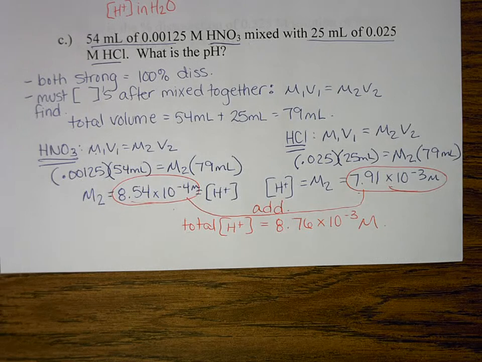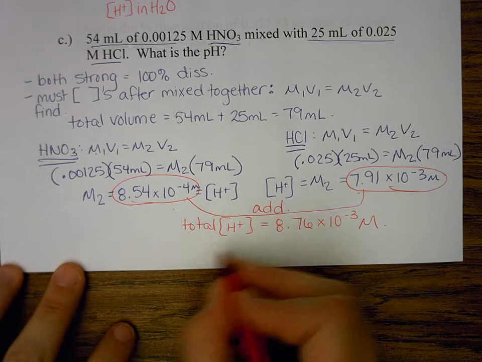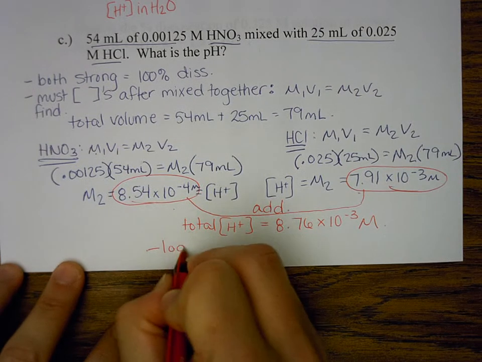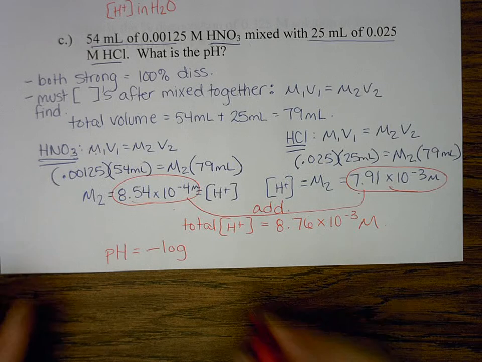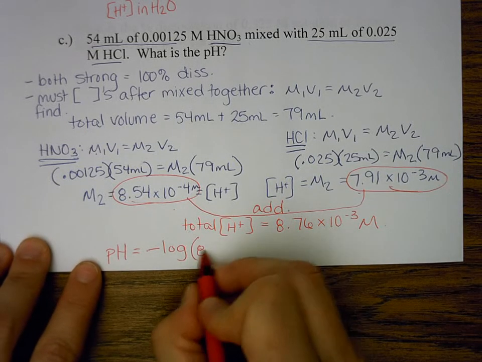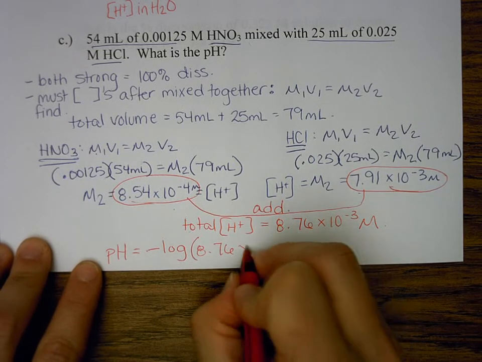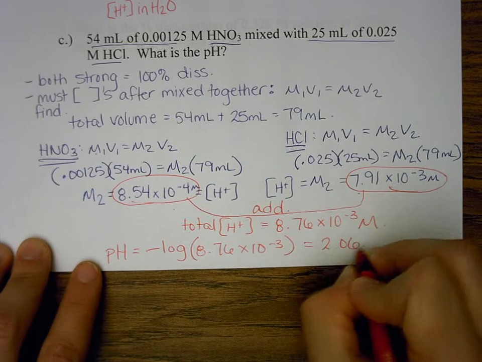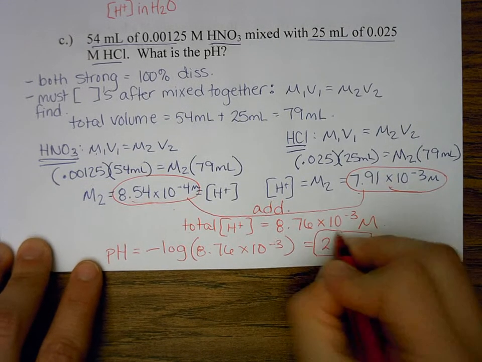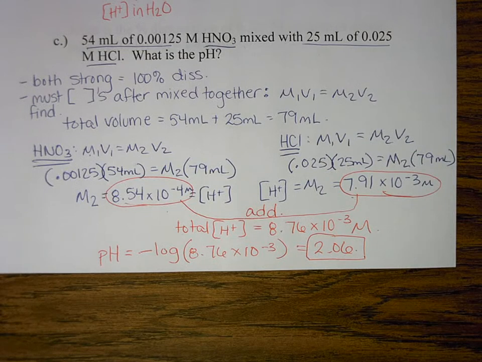And then from there, it's easy. The hard part is figuring out the hydrogen ion concentration. Then all you have to do is take the negative log of that number because we know that equals the pH. The negative log of 8.76 times 10 to the negative 3 gets 2.06. Which makes sense. I combine two strong acids together, so my pH needs to be acidic.